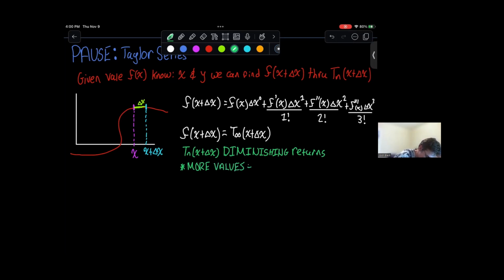So what we can say is that our second order Taylor series added more value to our end product than if I plug that third one in. Same thing. That first value there added more value to my end product than both of these. And that works an infinite amount of times.